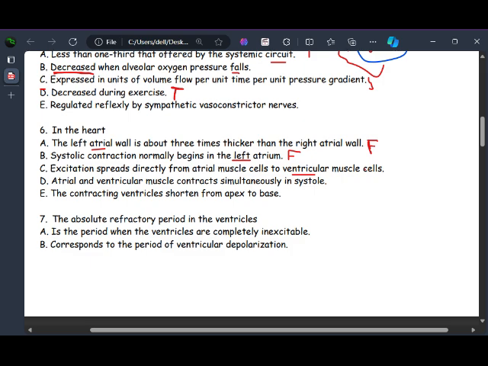You have the left bundle branch, the right bundle branch, the interventricular branches, the atrioventricular branches, all of those. They are responsible for taking an impulse from the left and right atria down into the left and right ventricles. So from the atria to the ventricles, you have bundle branches taking the impulse, not through a direct connection between these cells. So that is also false.